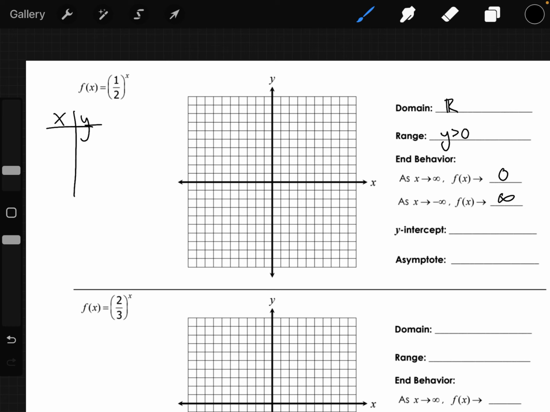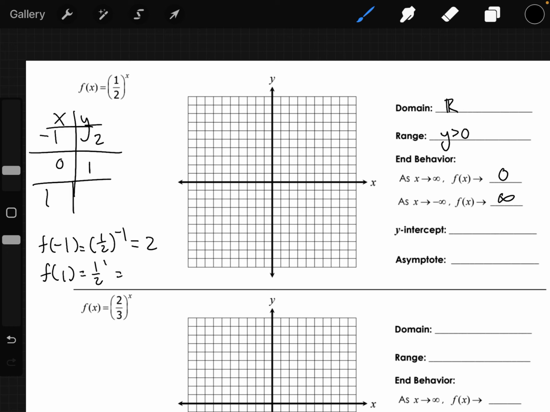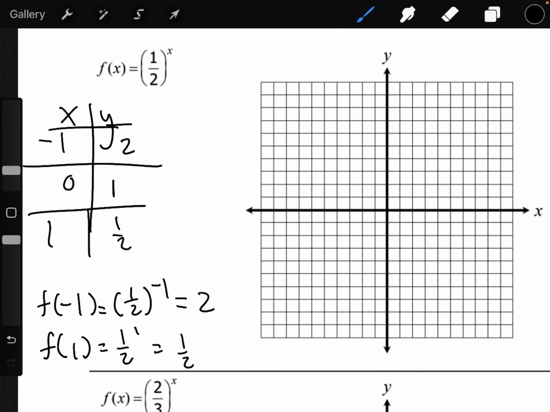We can plot these points with a table and reference values of -1, 0, and 1. So when x is equal to -1, 1/2 raised to the power of -1 is 2. When x equals 1, 1/2 raised to the power of 1 is 1/2.